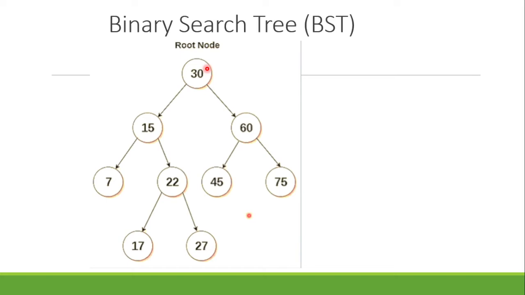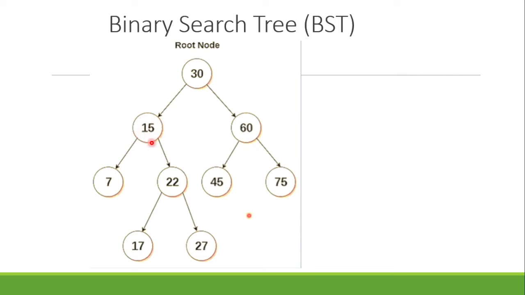So in a binary search tree, data is arranged in a particular way. The arrangement is that if you consider one node, then every node in its left subtree will have a value which is lesser than the node, and every node in its right subtree will have a value greater than that of the node. Consider this node 15.